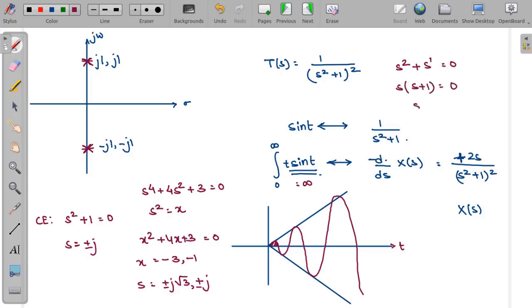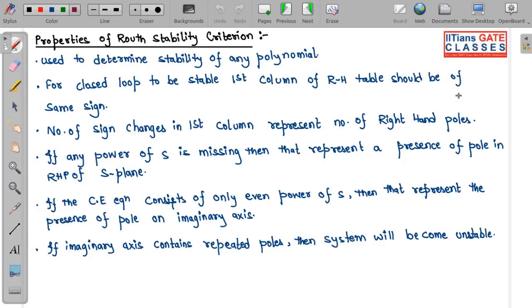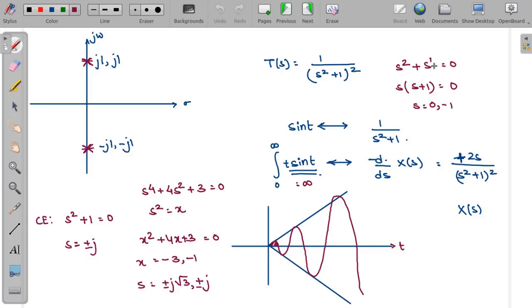You might argue, sir, where are you getting a pole on the right hand side of the s plane? But what I told you is that any power of s in between should be missing. Over here s to the power 0, if it is missing, then it's okay.